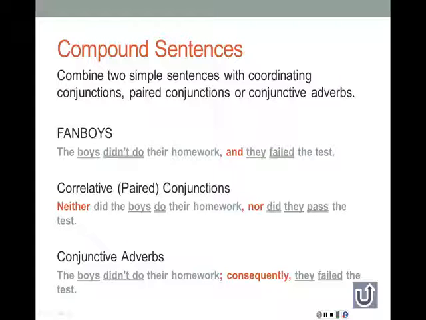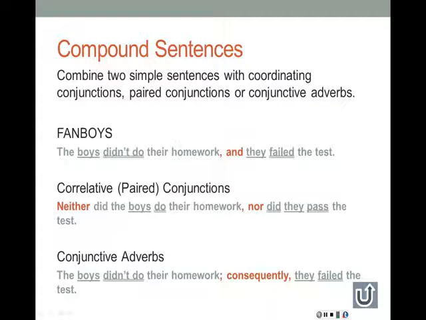When we use negative words like neither, nor, and not only to start a simple sentence, we have to use question order. In this case, helping verb, subject, main verb. For example, neither starts the sentence, so the next simple sentence has to be in question order.